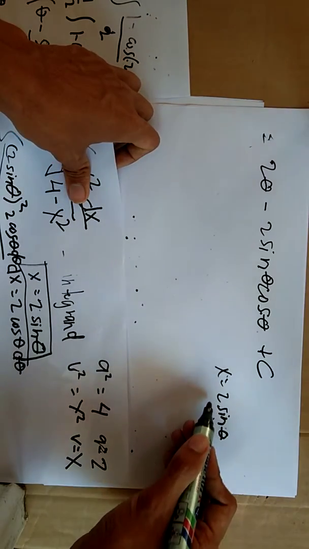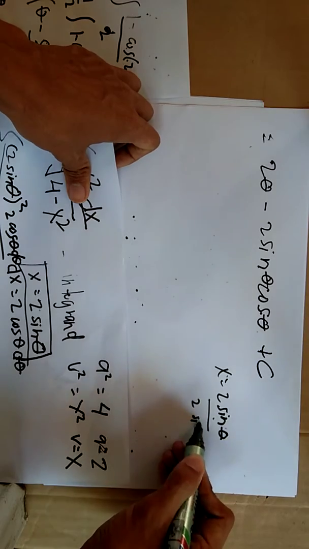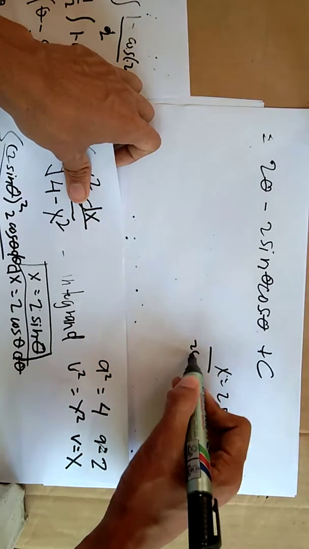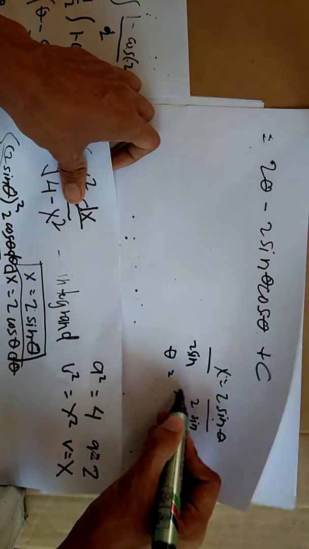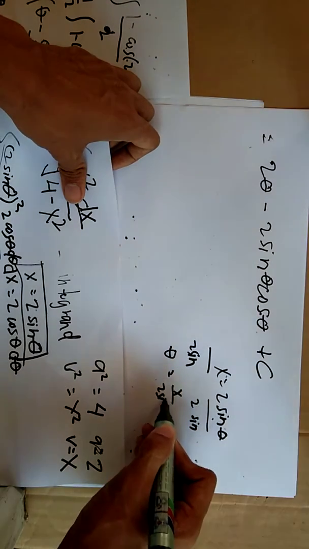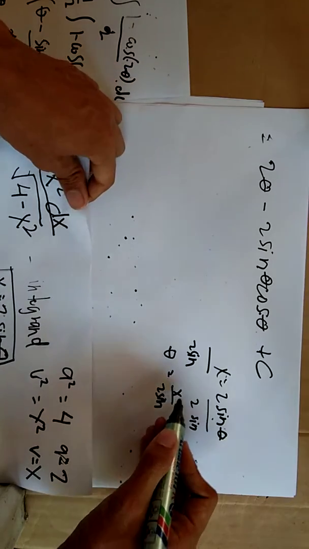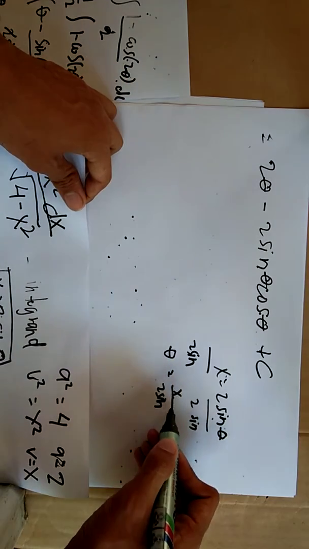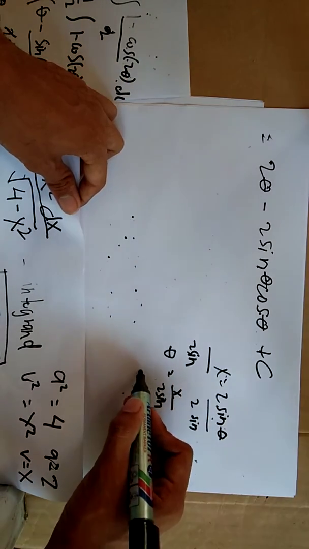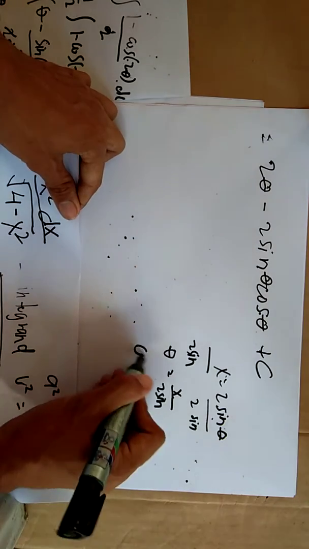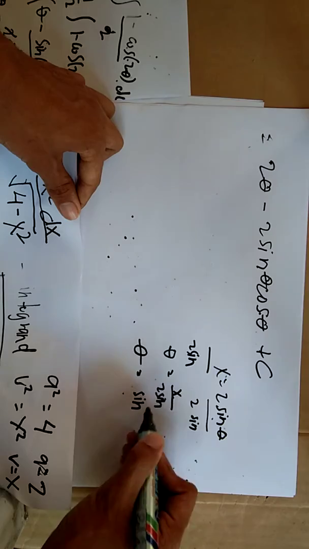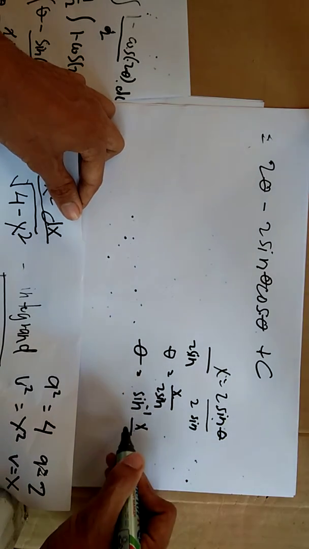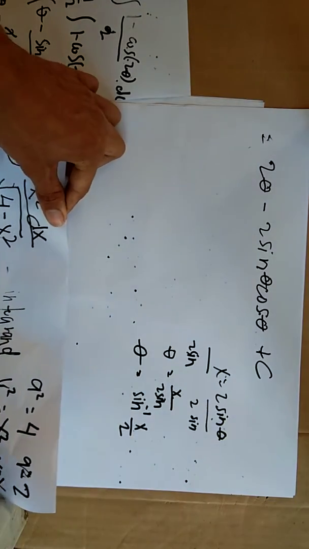We will divide both sides by 2 so that x over 2 is equal to sine theta. Then we will bring the sine to the other side, so our theta will be arc sine of x over 2.